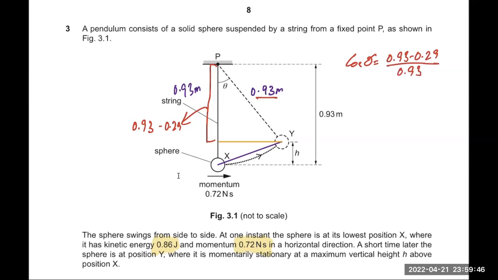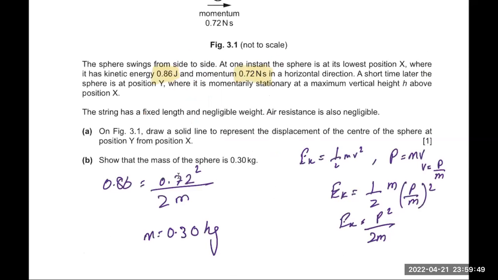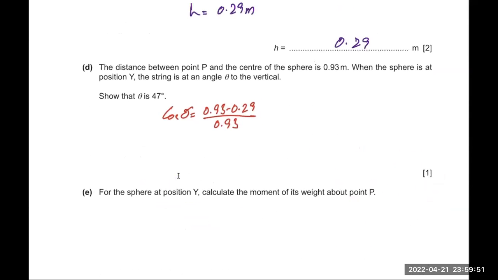We'll plug this in our calculator, and that should give the value of theta as 47 degrees. 46.5 degrees, which is equal to 47 degrees. That is the answer.